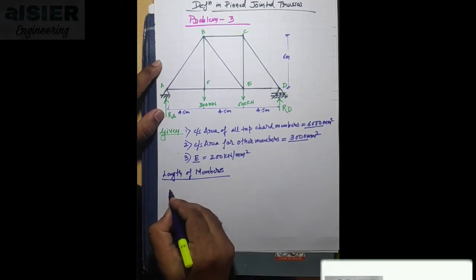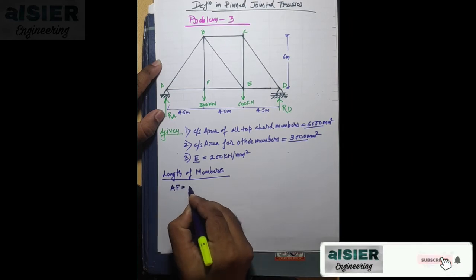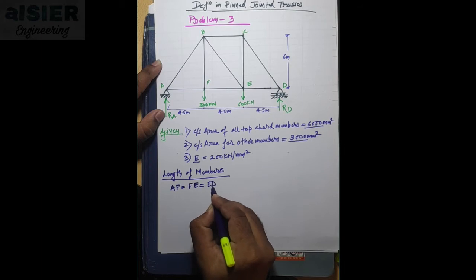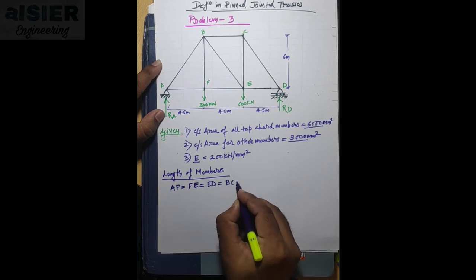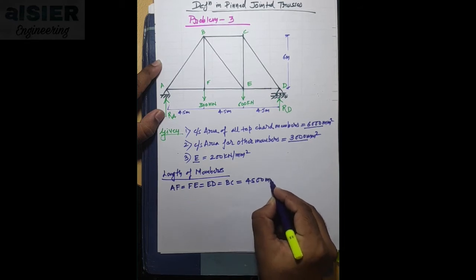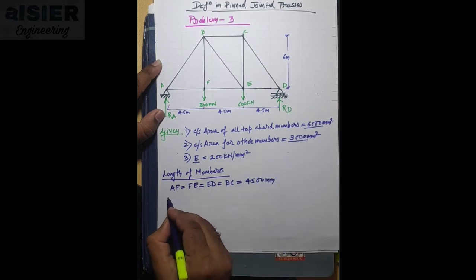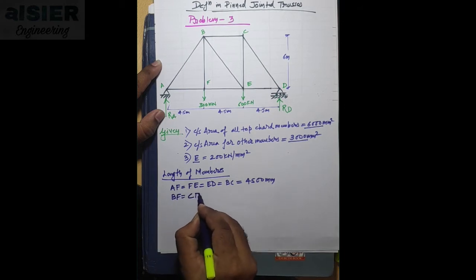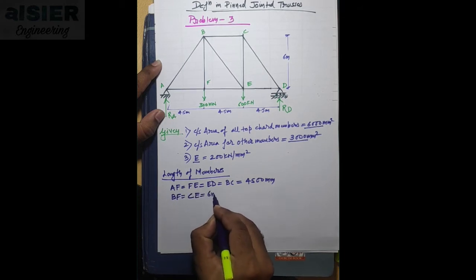Now we know AF is equal to FE is equal to ED is equal to BC is equal to 4500 mm. Then BF is equal to CE is equal to 6 meter.